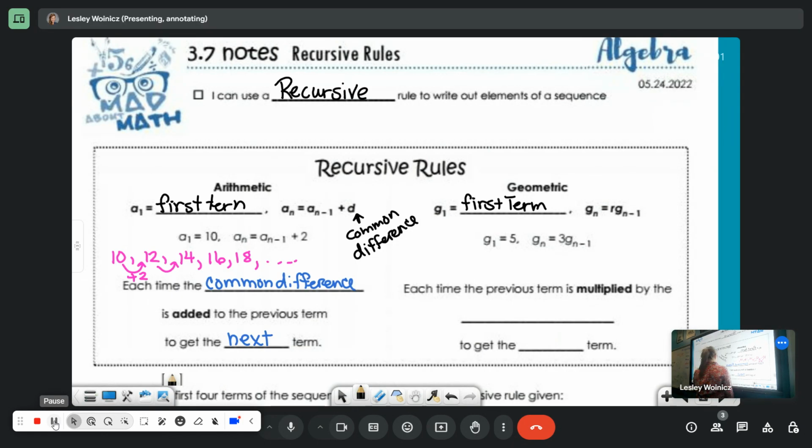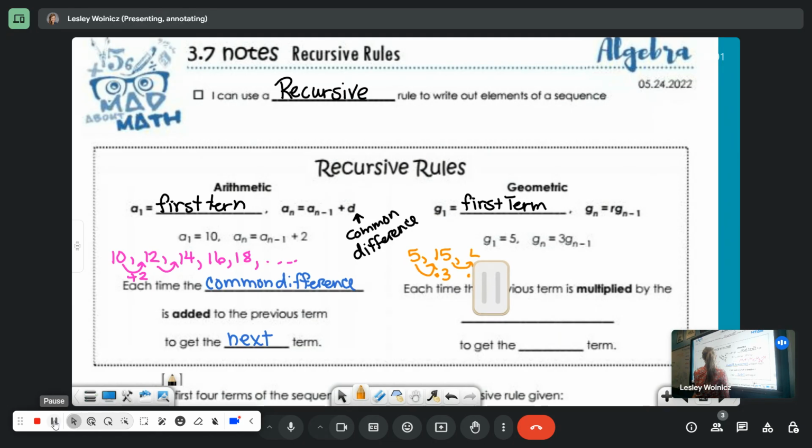Okay, so this one starts out, what's the first term? 5. What is my common ratio that I have to multiply the 5 with to get my next term? 3. So 5 times 3 is 15. You guys know what 15 times 3 is? 45. It is 45.